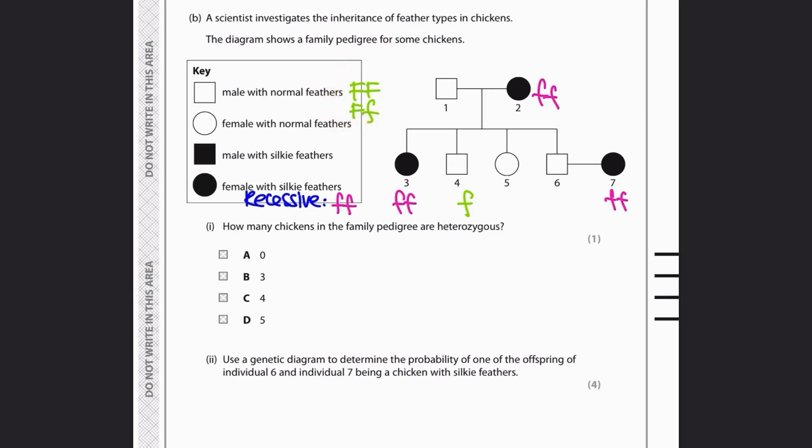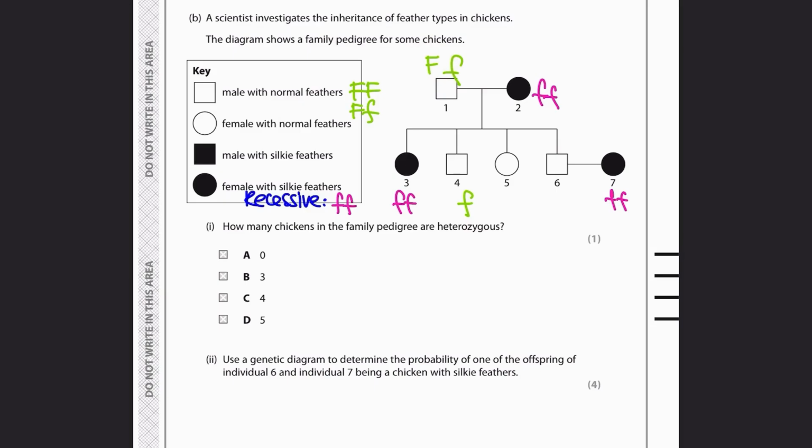Well, if you think about it, the fact that they have one daughter with a small f means one of the f's must have come from the father, right? Because the other one came from the mother. And therefore, the father must have at least one small f. And then the other must be a big F because he doesn't have the condition.